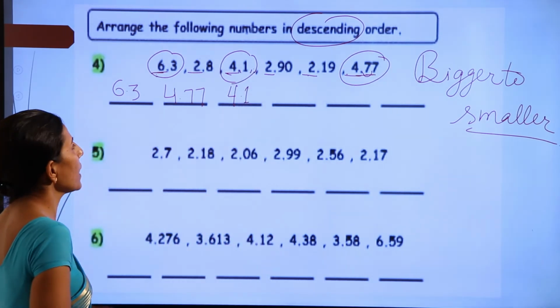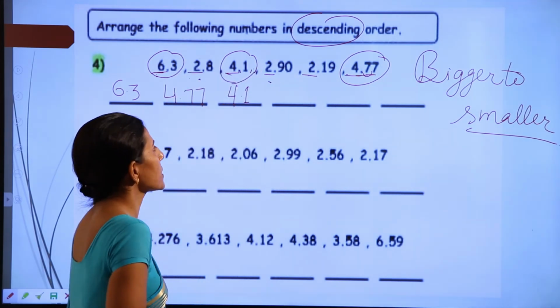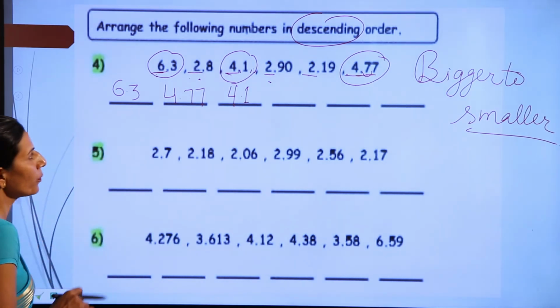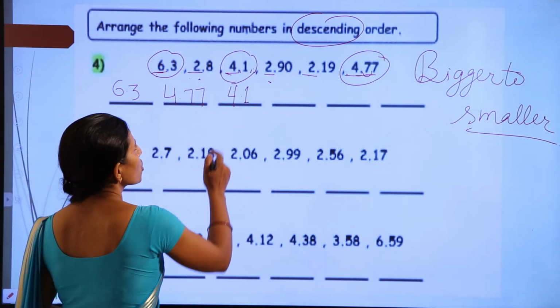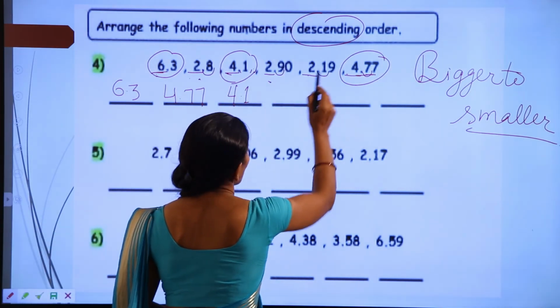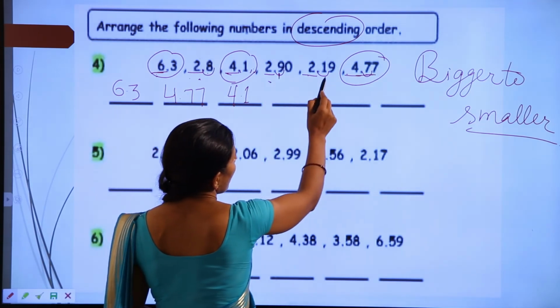Now the numbers are 2.8, 2.90 and 2.19. The whole number is 2 and the whole number is the same. So we will check on the tens place. So here we have 8 on the tens place. Here we have 9 and 1.